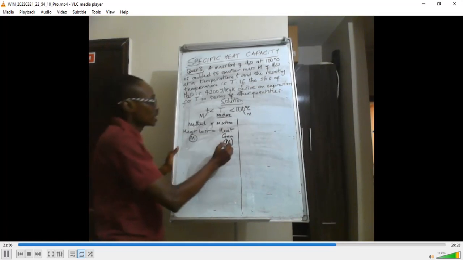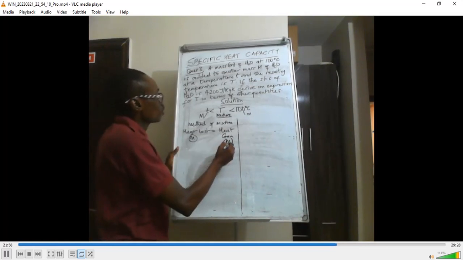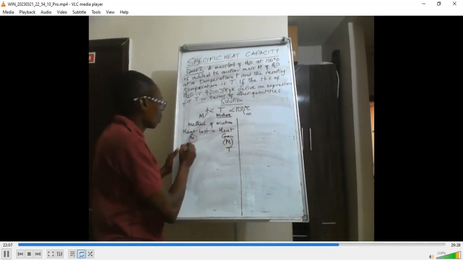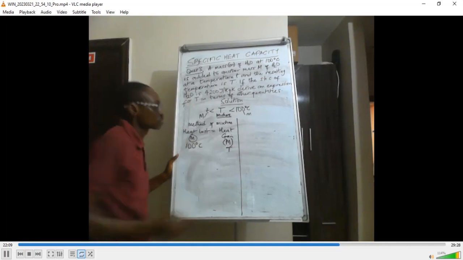Capital M is at the temperature t, while small m is at the temperature of 100 degrees Celsius.